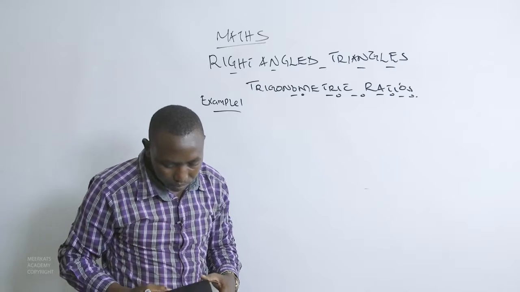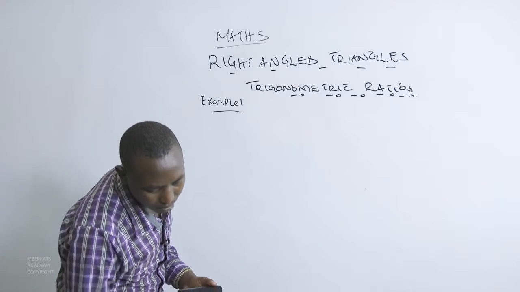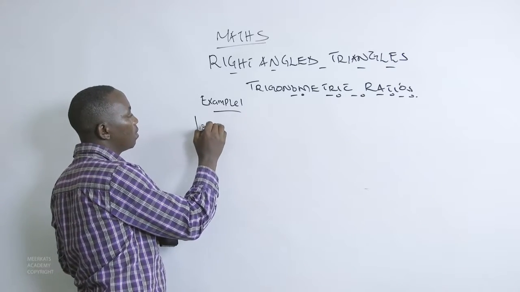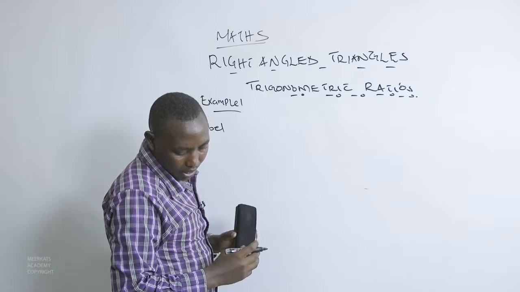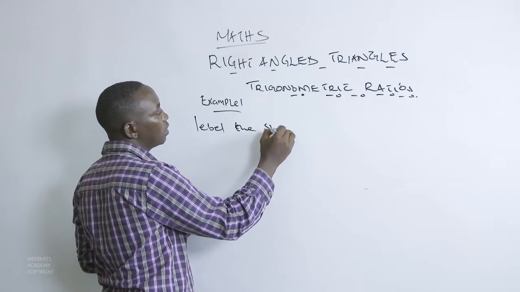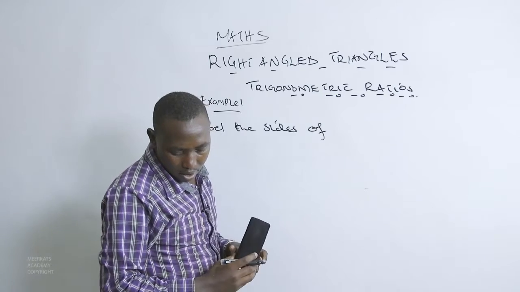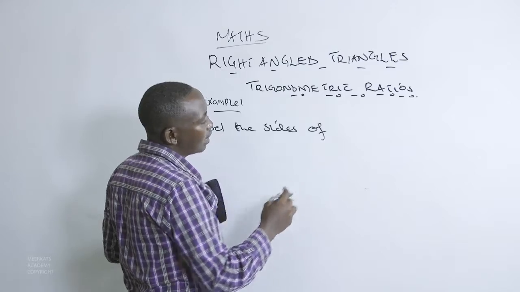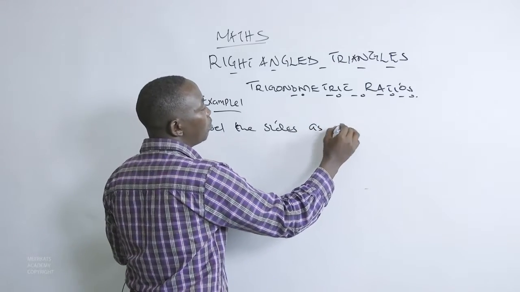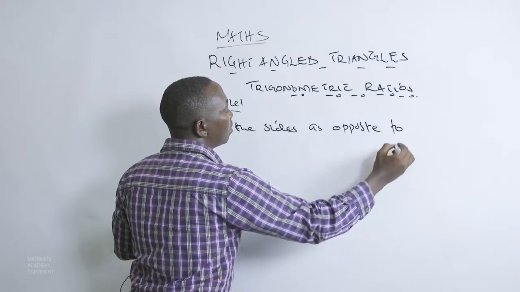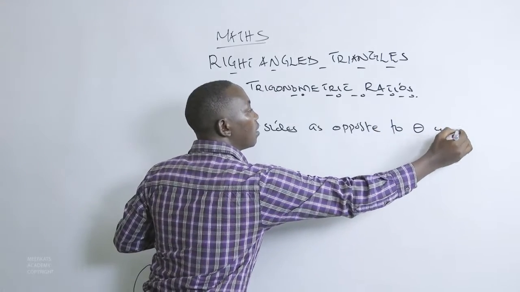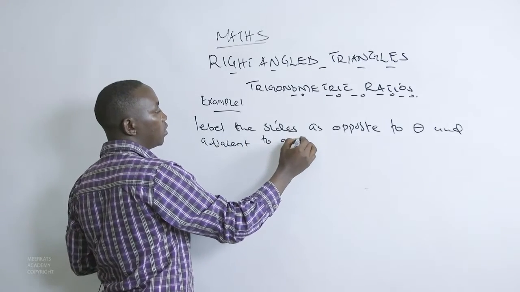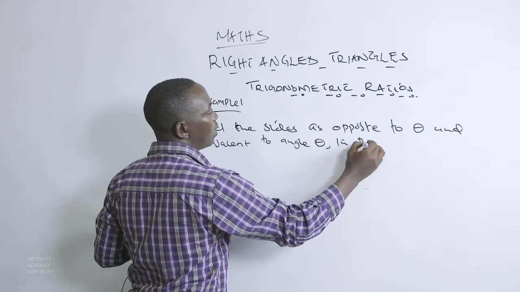Example. Label the sides as opposite to angle theta and adjacent to angle theta in the triangle below.